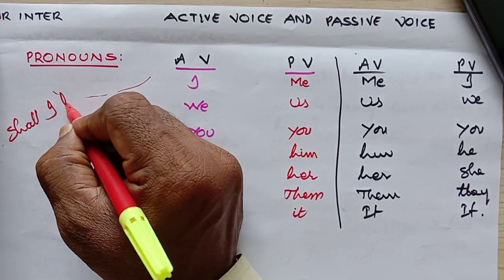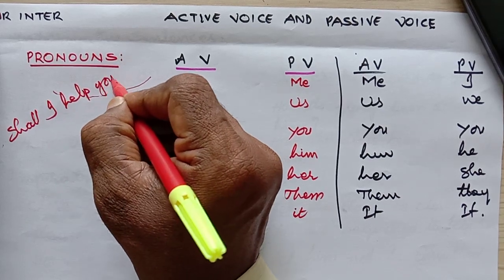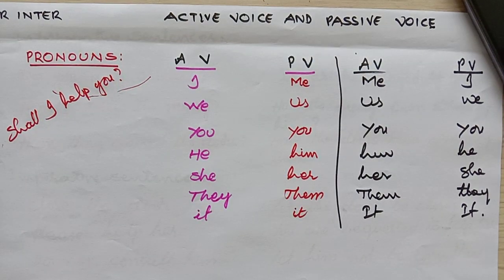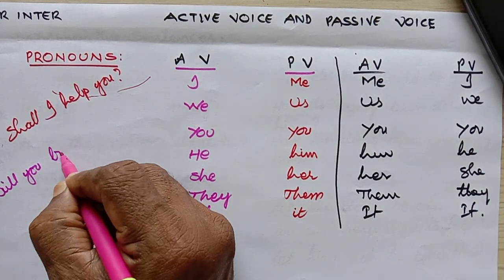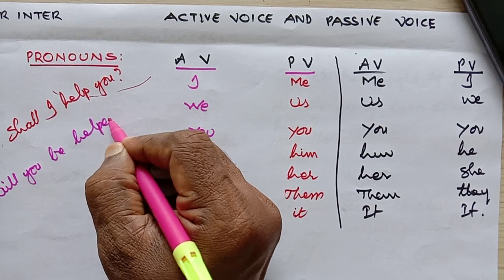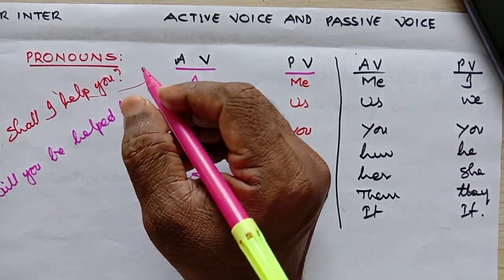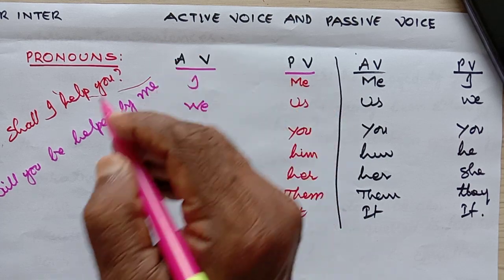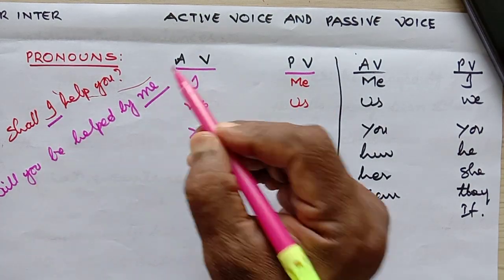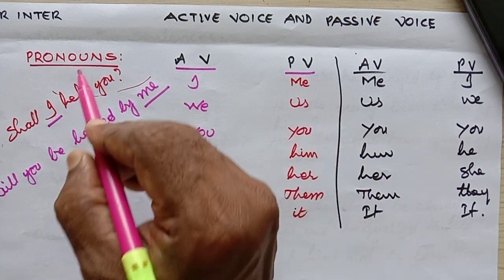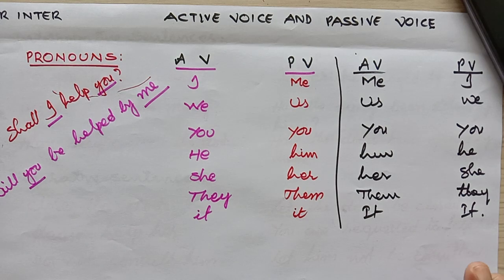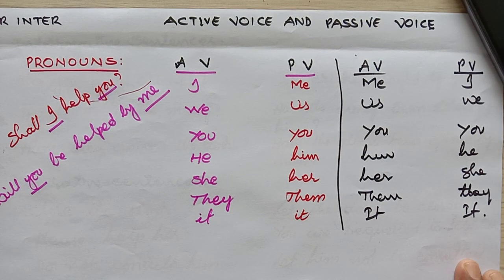Now, how can this be made into passive? Will you be helped by me? See, I is changed into me. Now you remains the same. Did you understand, students?